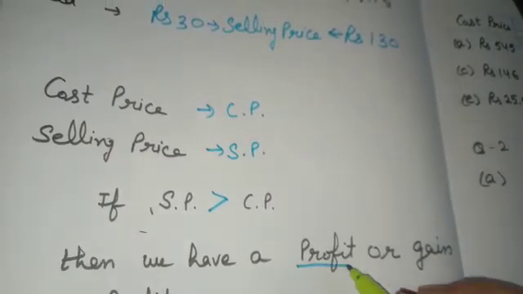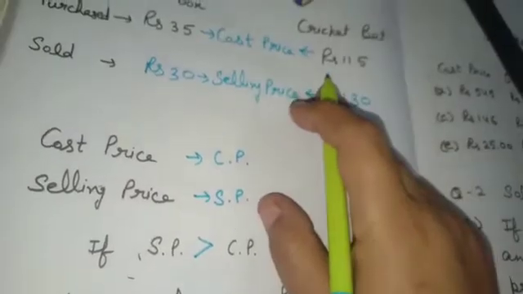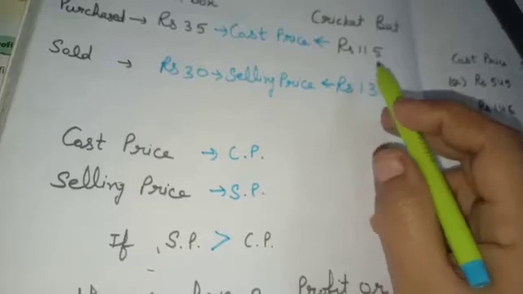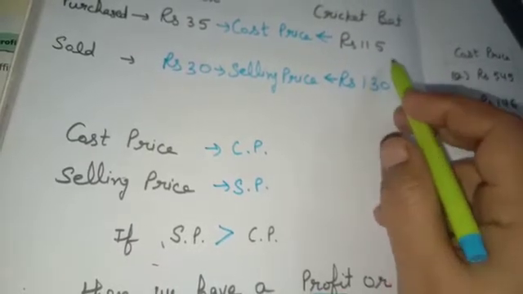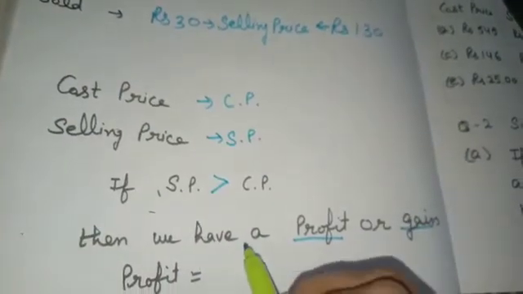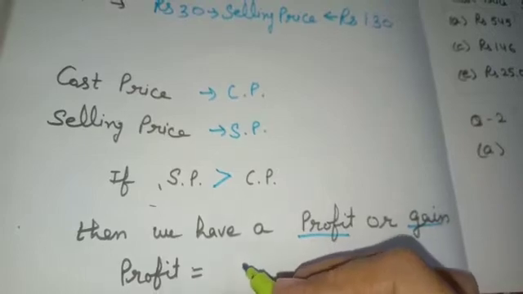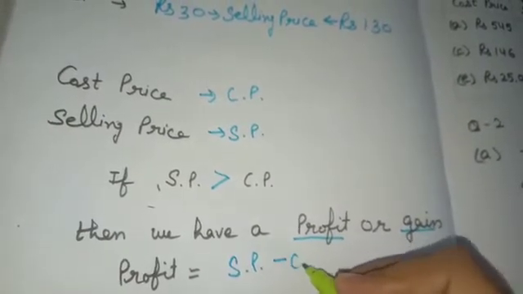Both are the same, profit or gain. For example, in the case of a cricket bat, when the selling price is 130 and cost price is 115, the selling price is more than the cost price, so the shopkeeper has a profit. And the formula for finding profit is selling price minus cost price.